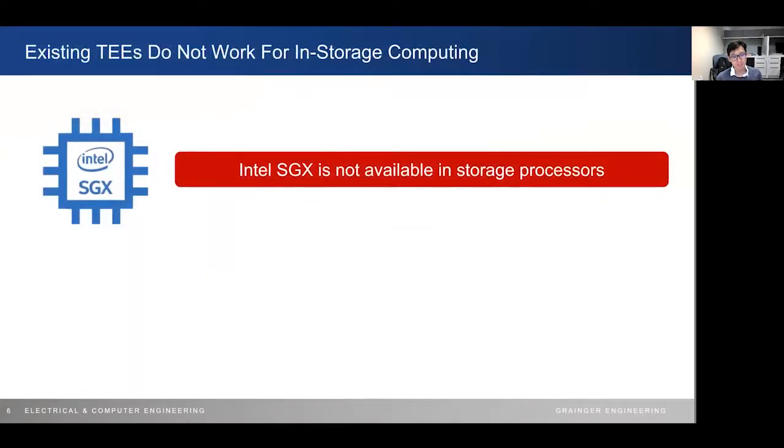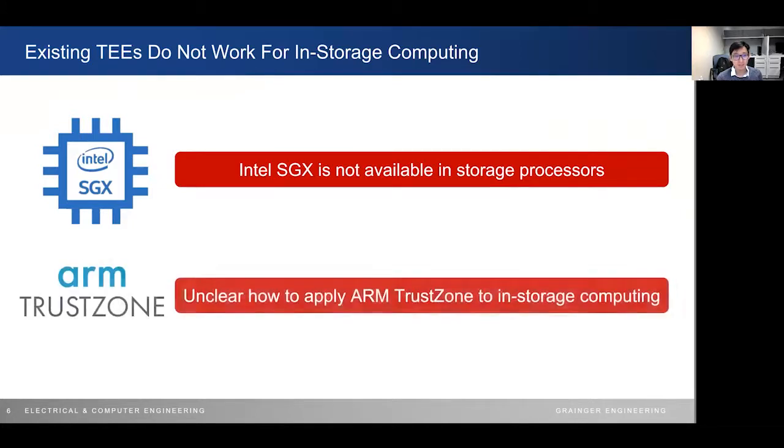To overcome these security challenges, there are some existing frameworks for creating trusted execution environments. For example, Intel SGX enables TEEs on the host processor, but SGX is not available for SSDs. On the other hand, ARM TrustZone technology can be supported by the ARM processors that are already inside SSDs, but it is still unclear how to apply TrustZone to in-storage computing.